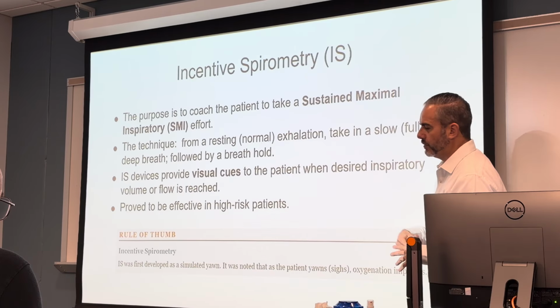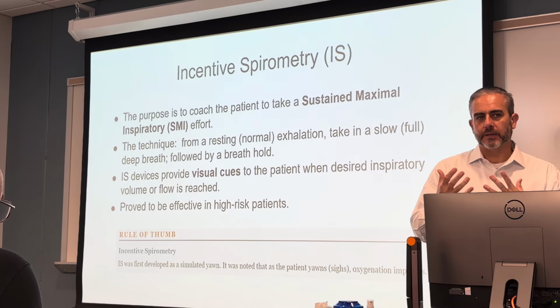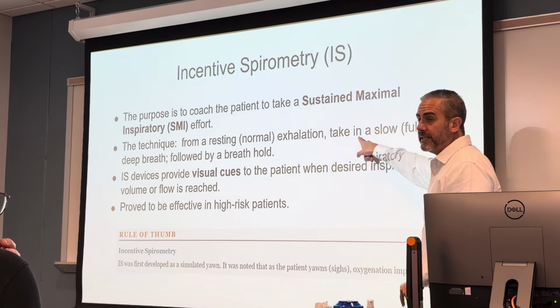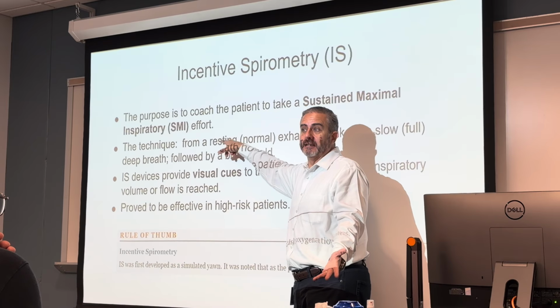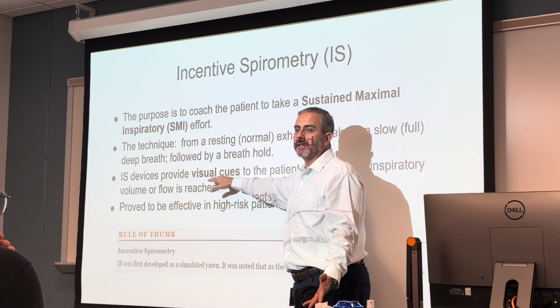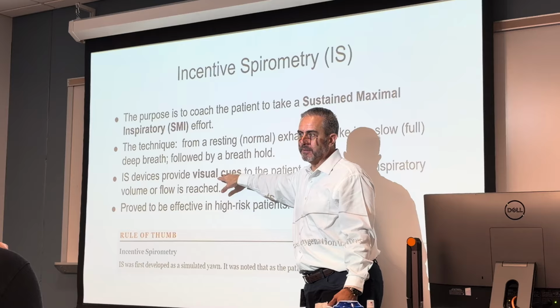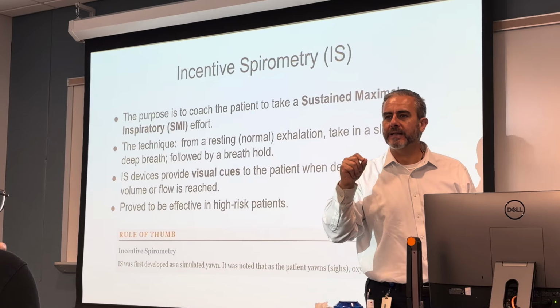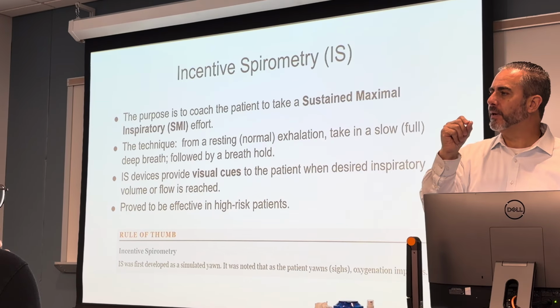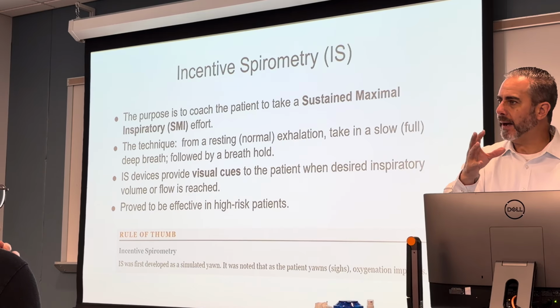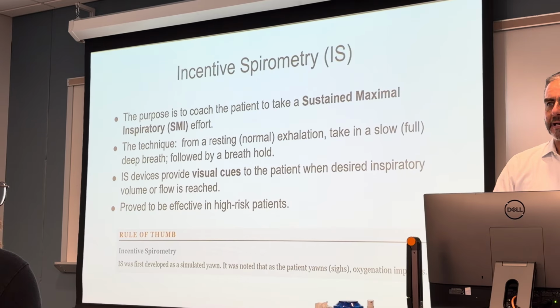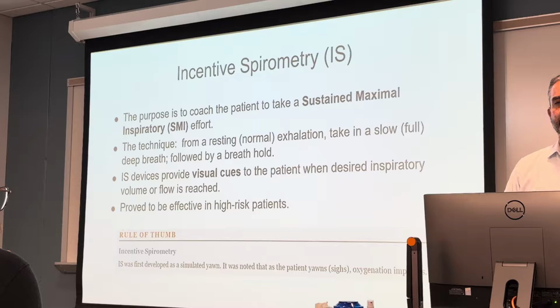The incentive spirometer does provide some visual clues. Again, all we're doing is teaching the patient, coaching the patient to take a big deep breath in. But the incentive spirometer gives them some things to look at, to let them know, okay, you're breathing in deep, or you're breathing in too fast or too slow perhaps. So it's giving some feedback to the patient on how they are breathing in deeply. And this has proved to be effective, especially in the high-risk patients.